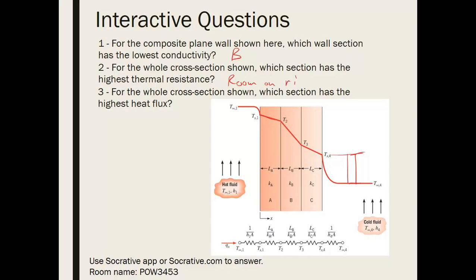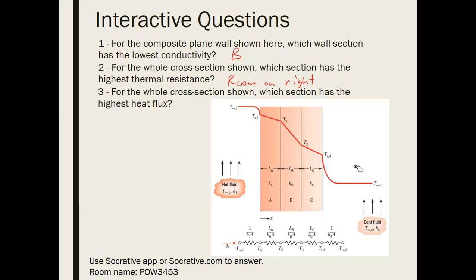That has the highest thermal resistance, because the highest thermal resistance corresponds to the biggest absolute temperature drop. Wall section B might also be a pretty good answer, it just looks like this temperature drop is a little more substantial than this overall temperature drop.